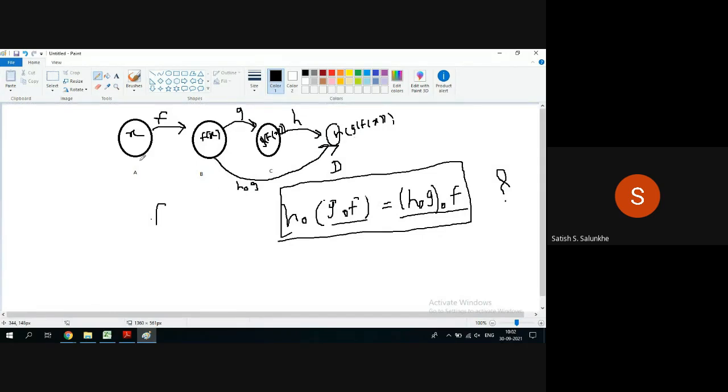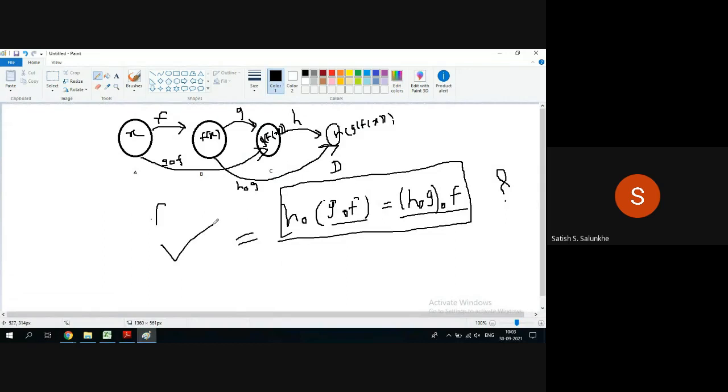G composition F means F of X followed by G. That is your G composition F, establishing a relation from A to C, and then H composition with this, that is A to C and then C to D, therefore A to D. Either you go A to C and then C to D, or you move from A to B and B to D. You are trying to figure out A to D only. That is what we are discussing here.